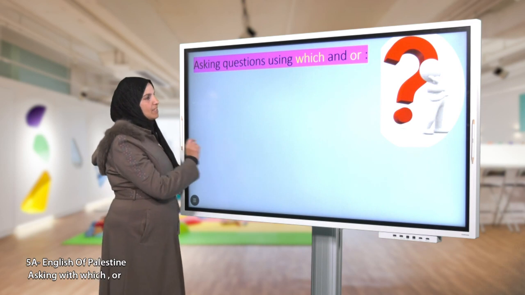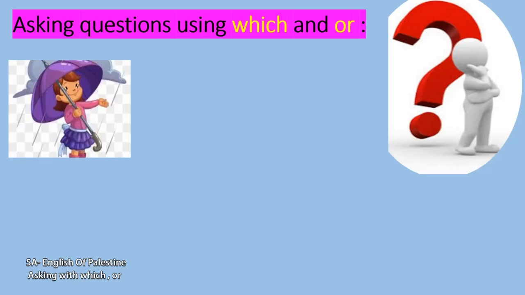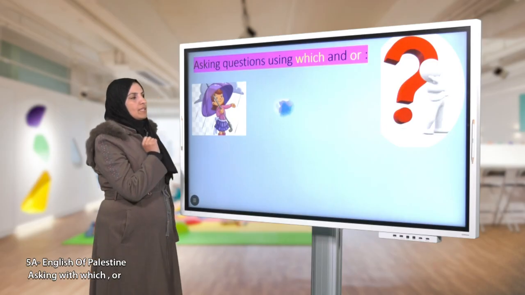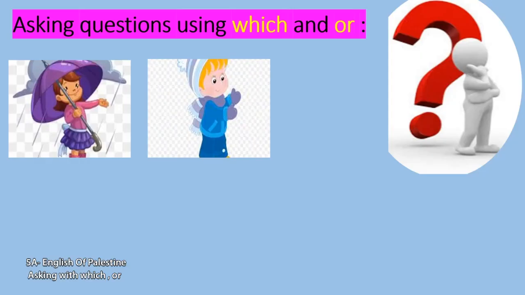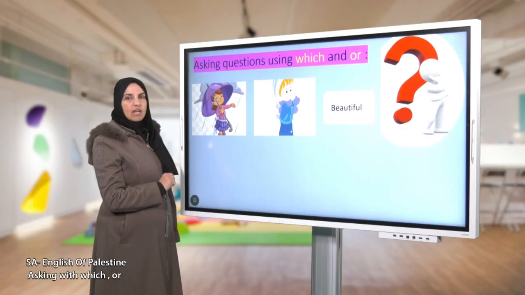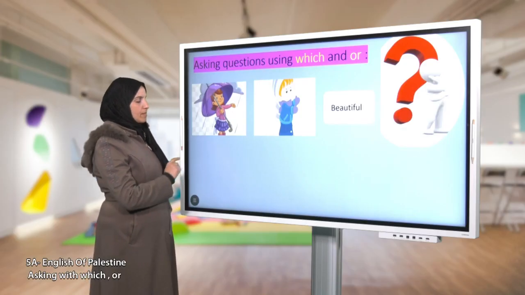Look at these pictures. What can you see in this picture? It's rainy weather. Excellent. But what about picture number 2? It's snowy weather. We are going to use the adjective beautiful. Let us remember what we have said and use the same form. What do we start our question with?